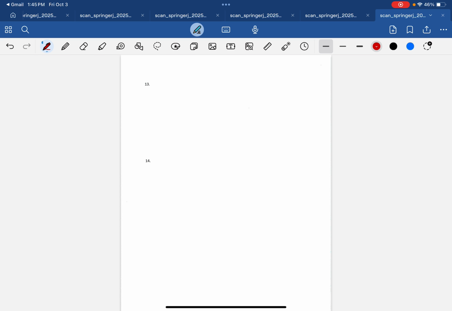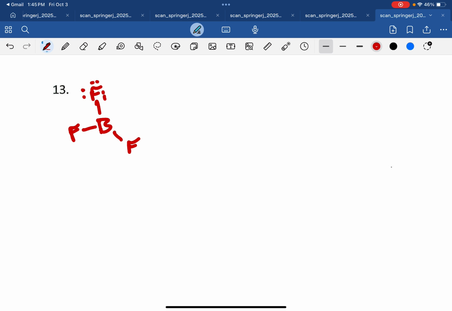Number 13, for each molecule in the table below, draw the Lewis structure, include both bonding and non-bonding electrons. So we got BF3, excuse me. The boron is electron deficient because it's boron. It's an exception. We knew that.